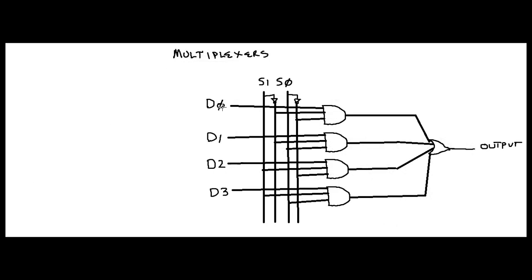All right, everyone. So to end this video, I wanted to briefly go over a subject called multiplexers. Now, multiplexers, I'm going to draw the symbol generally used for a multiplexer, right? So it's going to come down like this, come in, come out, and then come back up.